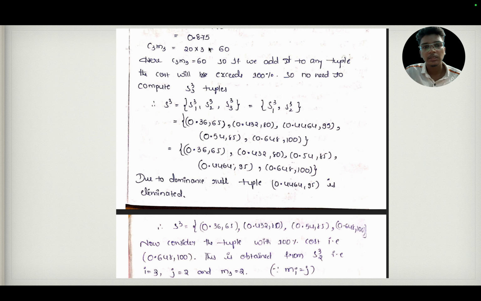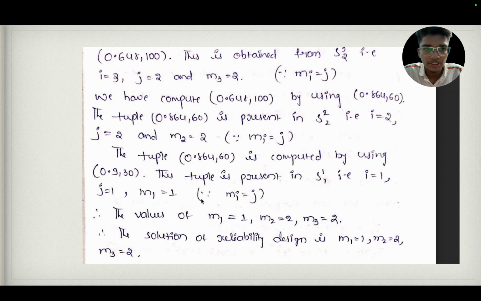Here c3 with m3 equal to 60, we'll add to the tuple and the cost will be exceeded. So due to the dominance rule, for the final we now consider the tuple with 100, m_ij, obtained from the S square with m_j. We have computed it using 0.8646.